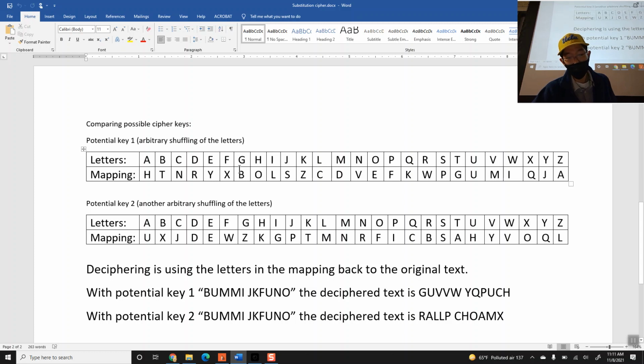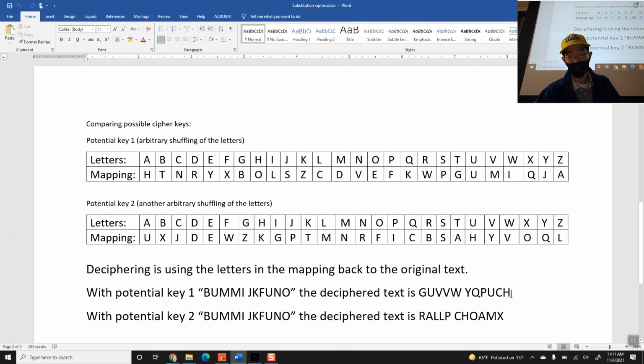B goes to G, U goes to U, M goes to V, and I goes to W. So this becomes GUVVW, and then JKFUNO becomes YQPUCH.